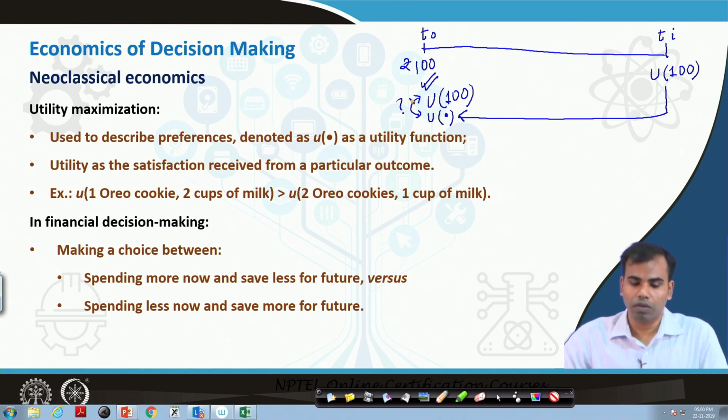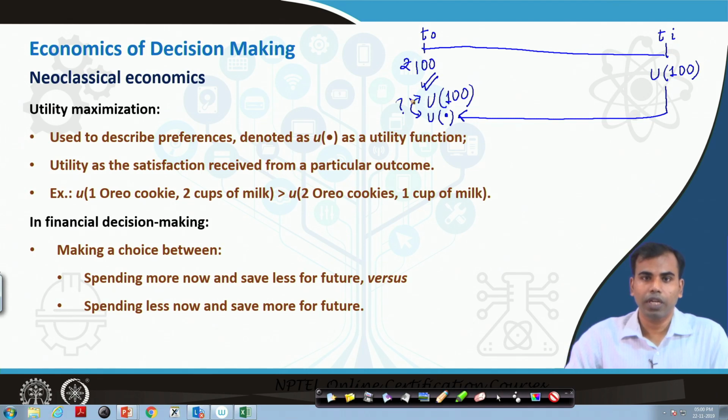So, let us contextualize this example in financial markets. Suppose you have 100 rupees and you can spend it right now on a movie and derive utility in terms of happiness. You can also save this 100 rupees and deposit it in a bank. The bank will give you certain interest on the deposited money.